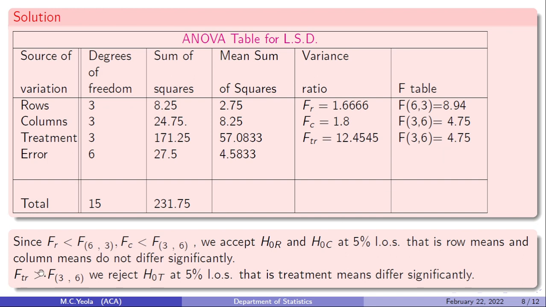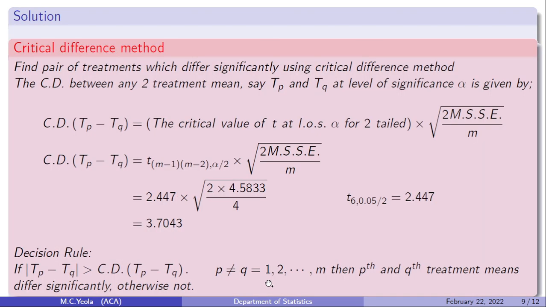So we write: since F_R less than F(6,3) and F_C less than F(3,6), we accept H0R and H0C at 5% level of significance, that is, row means and column means do not differ significantly, but F_T is greater than F(3,6) here, so we reject H0T at 5% level of significance, that is, treatment means differ significantly.